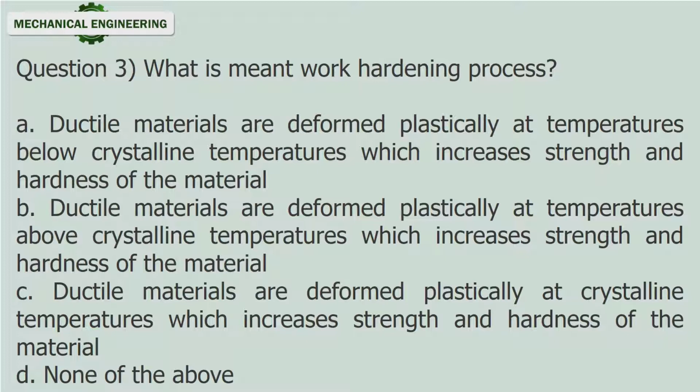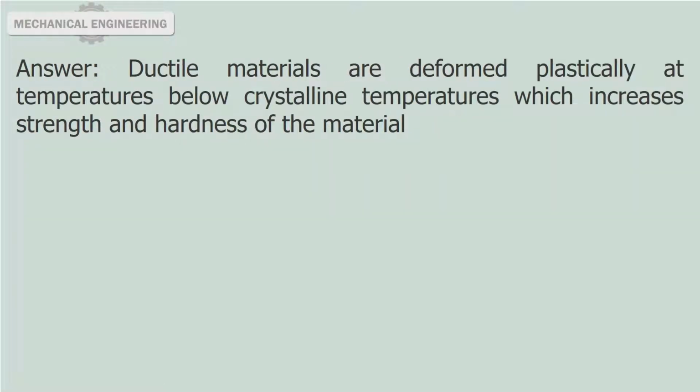C. Ductile materials are deformed plastically at crystalline temperatures, which increases strength and hardness of the material. D. None of the above. Answer: Ductile materials are deformed plastically at temperatures below crystalline temperatures, which increases strength and hardness of the material.